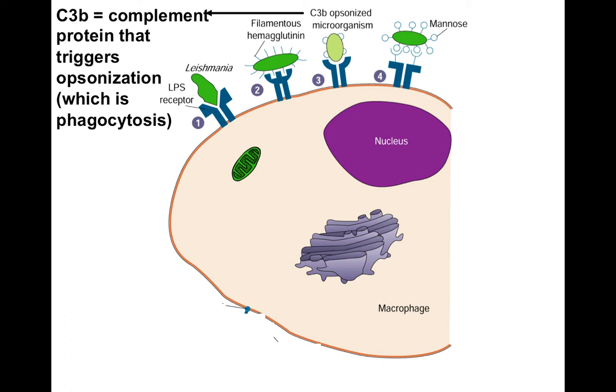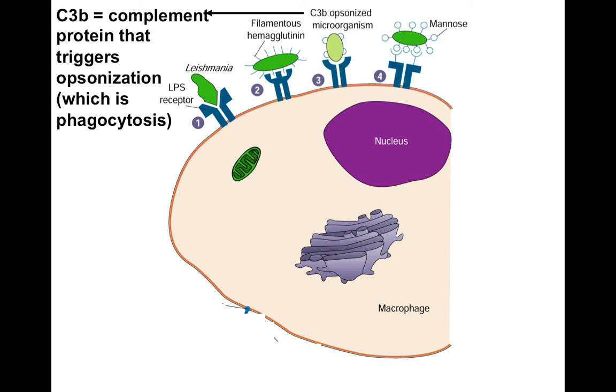The gram-positive bacteria are resistant to the membrane attack complex because they have peptidoglycan blocking the complement proteins from getting to the plasma membrane. In gram-negative bacteria, they have the outer membrane, and then the outer membrane is accessible to the membrane attack complex.